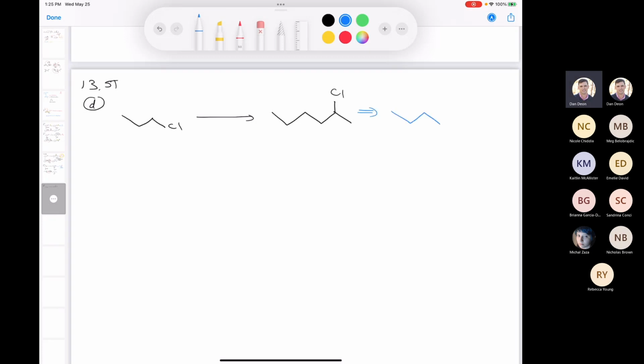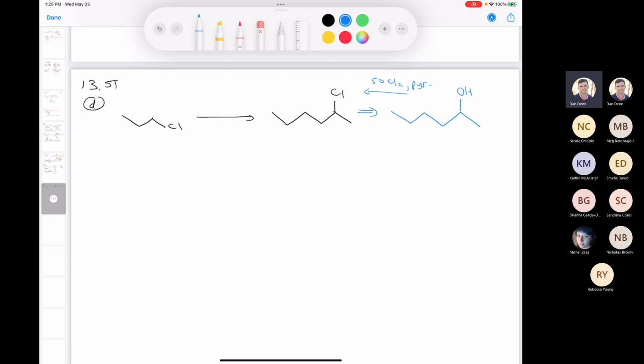What if we do a retrosynthesis? And one of the reactions that we learned was how to take a secondary alcohol and convert it into an alkyl chloride by using thionyl chloride, so using SOCl2. SOCl2 and pyridine, of course.